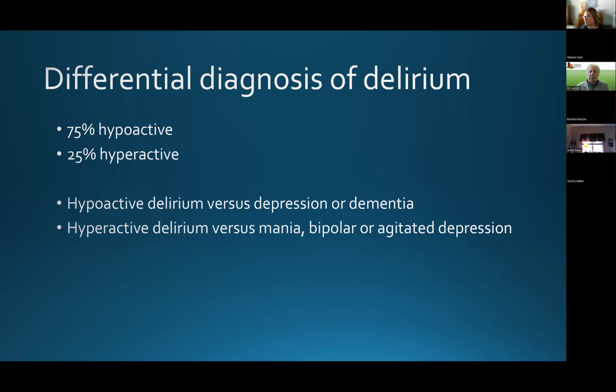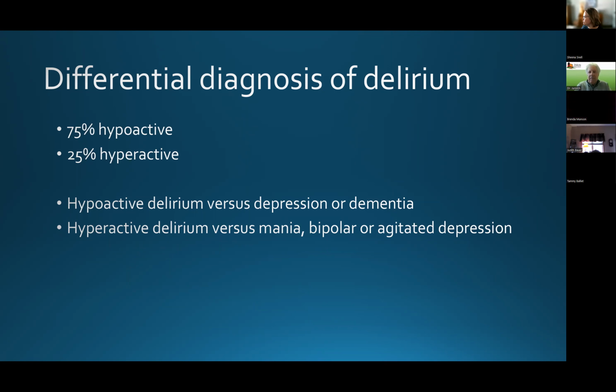The other issue that I wanted to point out is that hypoactive delirium may sometimes be confused with new onset depression and/or dementia. And the hyperactive version often has to be distinguished from mania and bipolar disorder, or agitation related to depression.